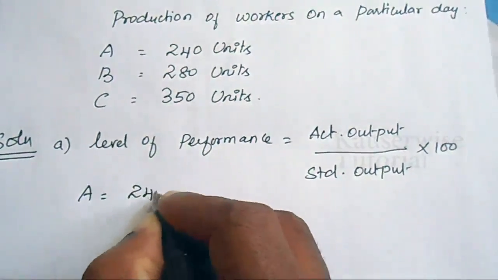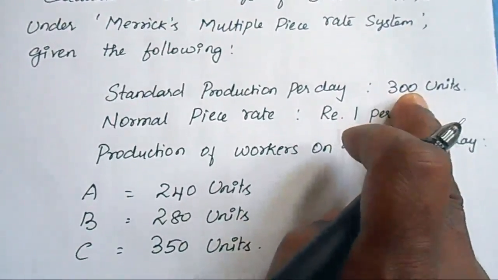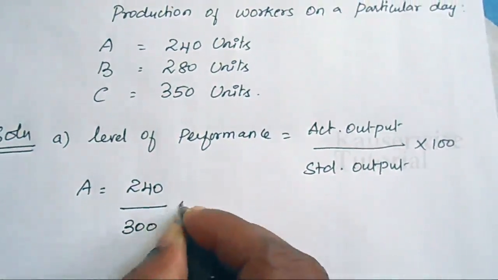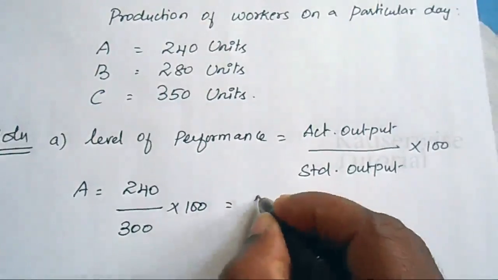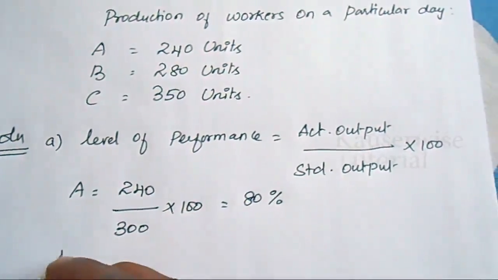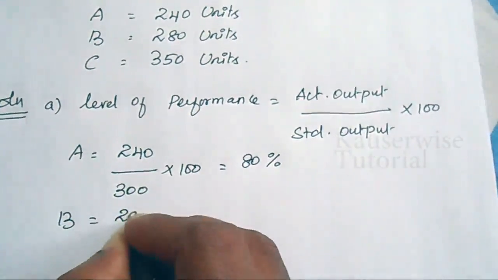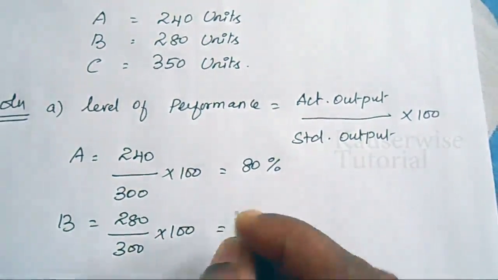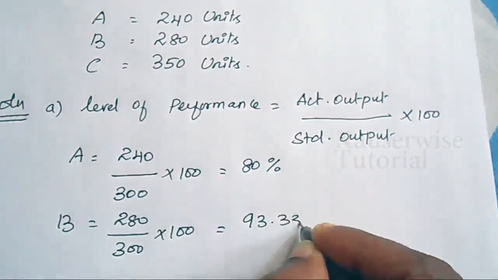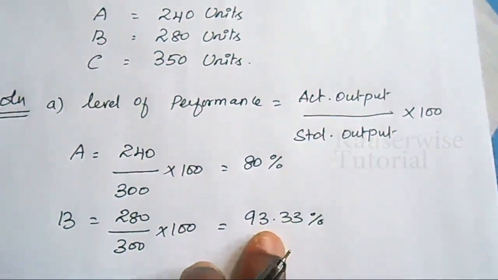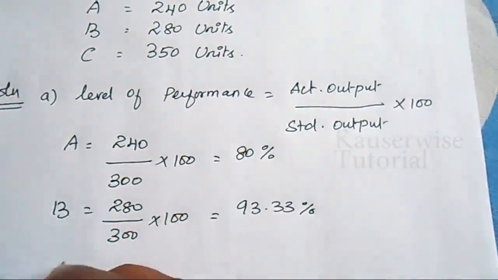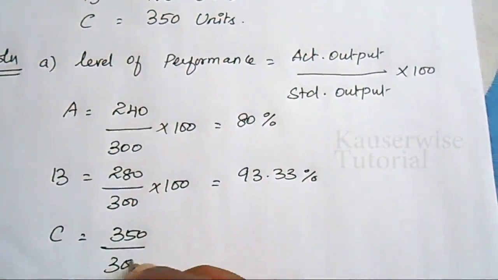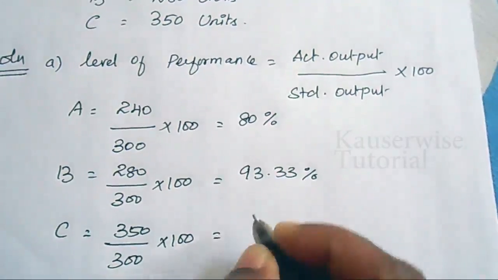Standard production per day 300 units. 240 divided by 300 into 100. What is the answer? 80%. B's actual is 280 units, standard 300 units, 93.33%. His level of performance is 93.33. For C, 350 units divided by standard 300 into 100.